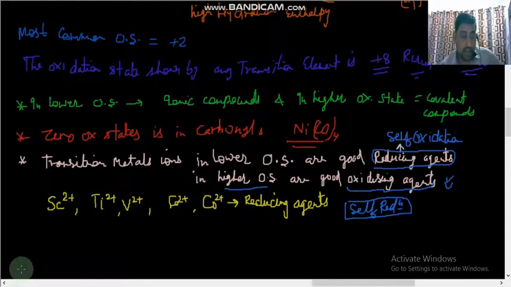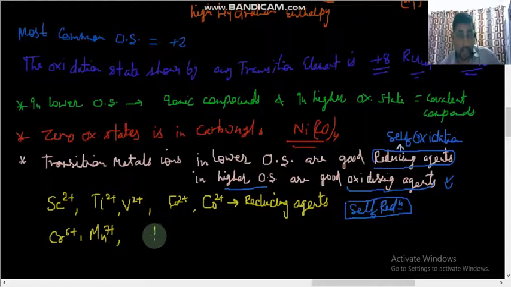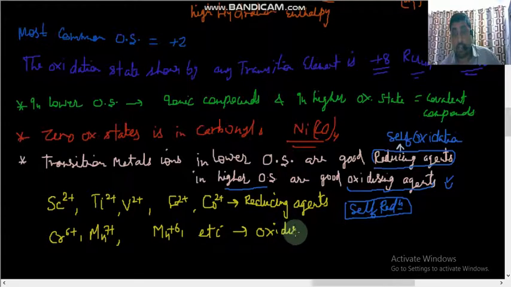And similarly, if you see chromium 6 plus, manganese 7 plus, and manganese 6 plus, etc., they are good oxidizing agents.